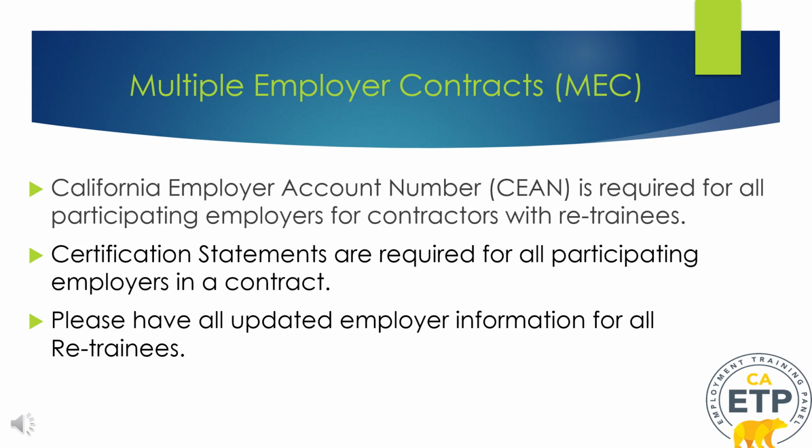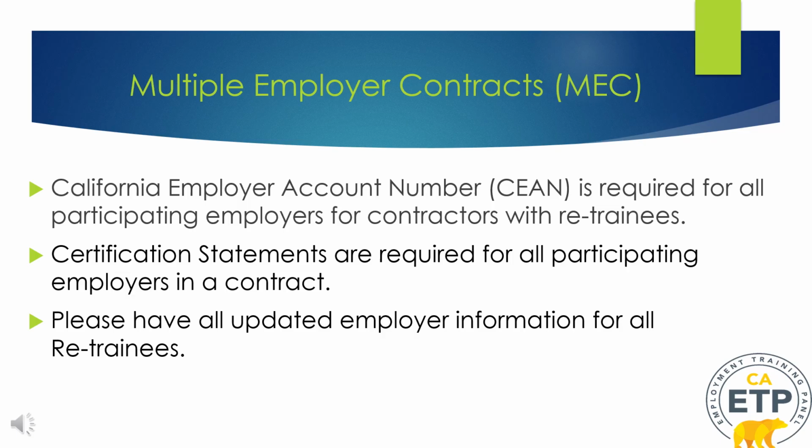California Employer Account Number, or SEAN, is required for all participating employers for contractors with retrainees. Certification statements are required for all participating employers in a contract. And also, please have all updated employer information for all your retrainees and your employers. This is a requirement when you are enrolling your trainees, and also a requirement when you are submitting your trainees for their final payment.